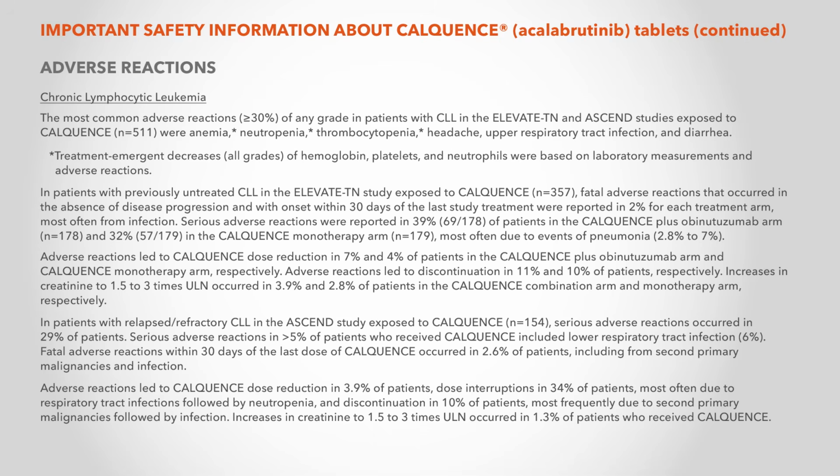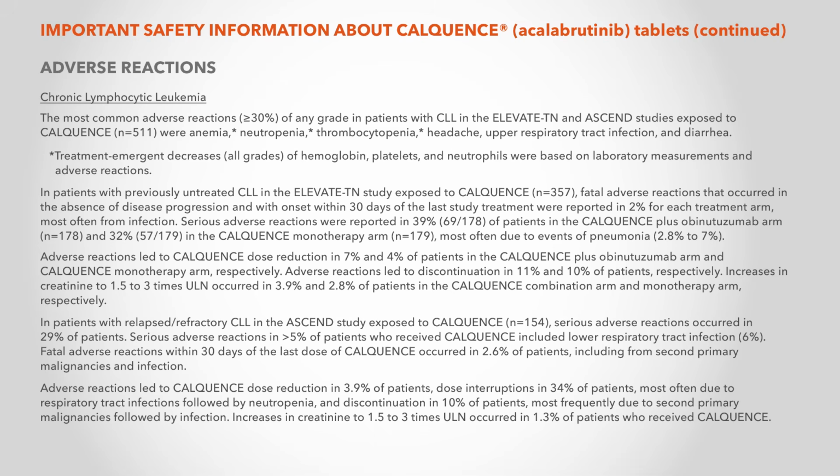In patients with relapsed refractory CLL in the ASCEND study exposed to CALQUENCE, N equals 154, serious adverse reactions occurred in 29% of patients. Serious adverse reactions in greater than 5% of patients who received CALQUENCE include lower respiratory tract infection, 6%. Fatal adverse reactions within 30 days of the last dose of CALQUENCE occurred in 2.6% of patients, including from second primary malignancies and infection.